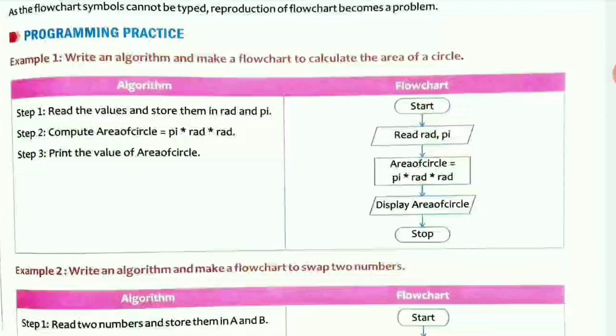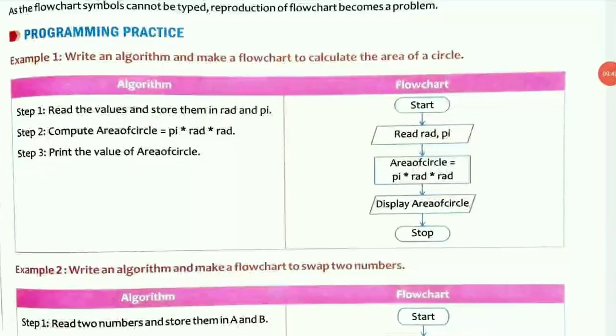So it will print the area of circle. In the flowchart, first is start, and then read RAD and pi, means we are inputting the radius and value of pi here, and then apply the formula area of circle equal to pi into RAD into RAD, and then display the area of circle, then stop. So this is the flowchart for the question calculate the area of a circle.